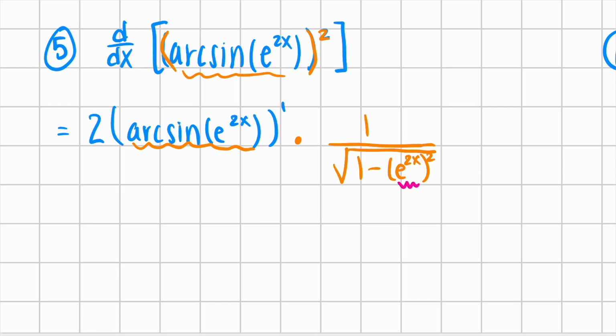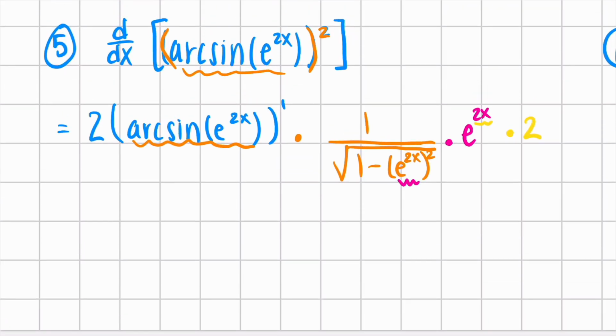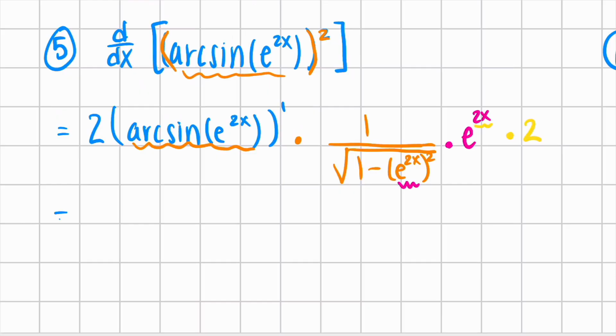Then I need to chain rule e to the 2x. The derivative of e to the 2x is e to the 2x. Then we need to chain rule the 2x. The derivative of 2x is 2. So lots of chain rule for this one. Let's simplify. We're going to do 2 times 2.